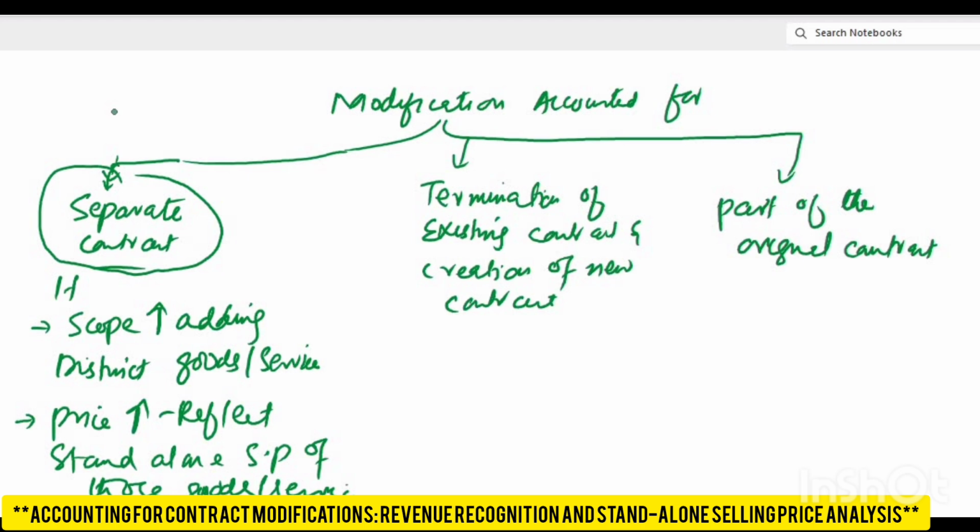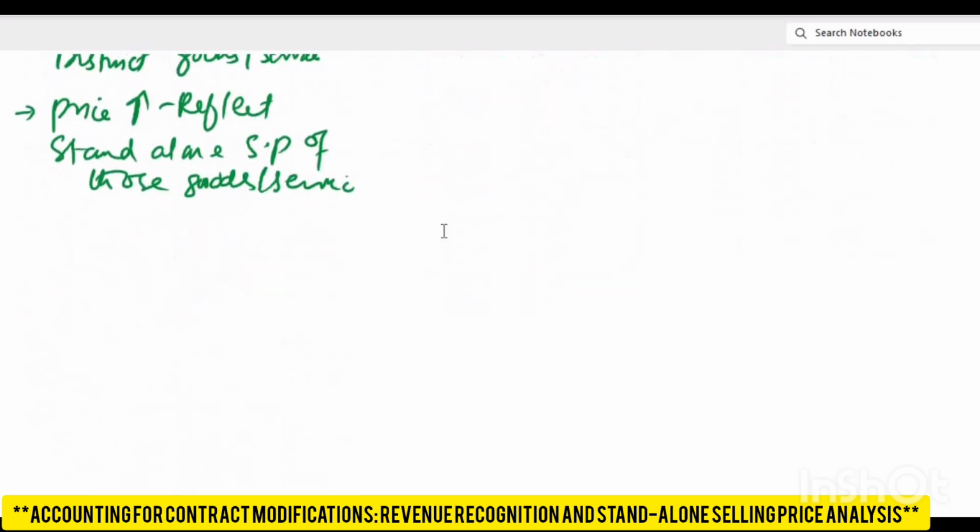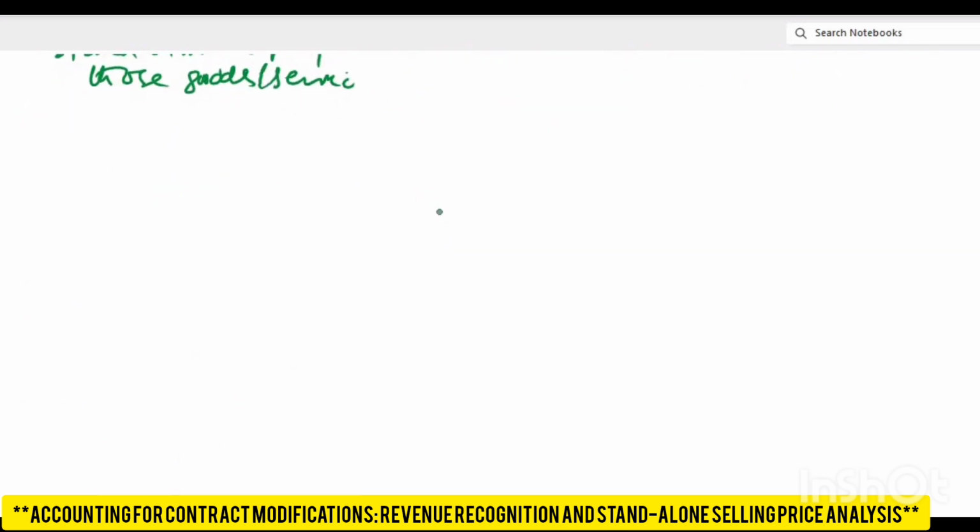So you will treat a modification as a separate contract when you are adding distinct goods or services at their standalone selling price. For example, you have a contract of 100 chairs, and now you have modified the contract with a further 50 tables, and these 50 tables are definitely distinct.